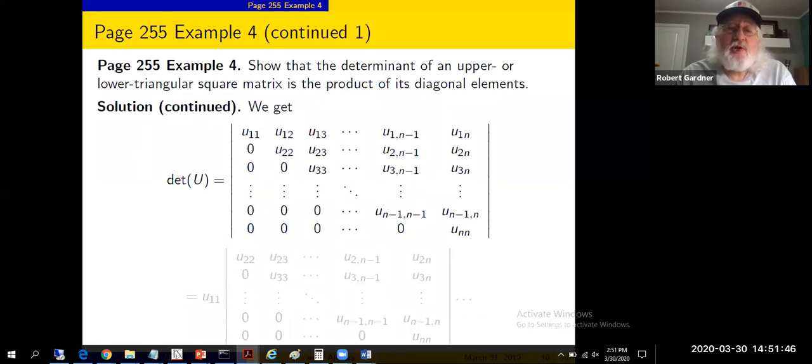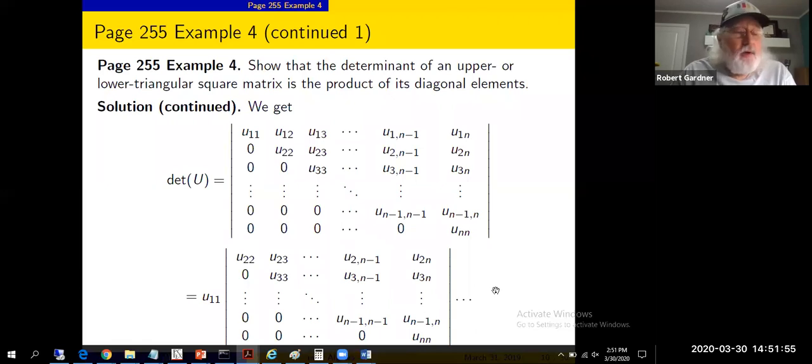Okay, so we'll take that determinant along the first column. That'll give us U11 times the determinant of this associated minor matrix plus a bunch of zeros. Right, plus 0, plus 0, plus 0 times whatever appropriate cofactors. Anyhow, you get all zeros there.